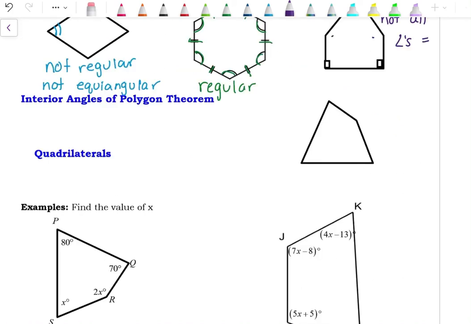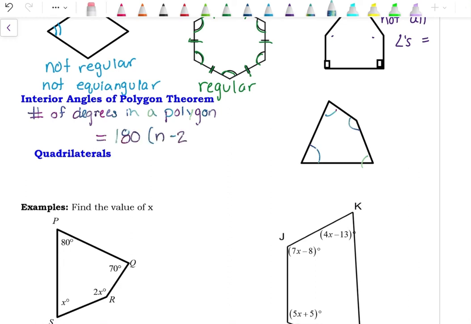Next, we have the interior angles of polygons theorem. So interior angles are the angles inside the polygons. So like this, this, this, and this are all called interior angles. So basically, the number of degrees in a polygon, when you add up all the angles, is going to be equal to 180 times n minus 2, where n is the number of sides that the polygon has.